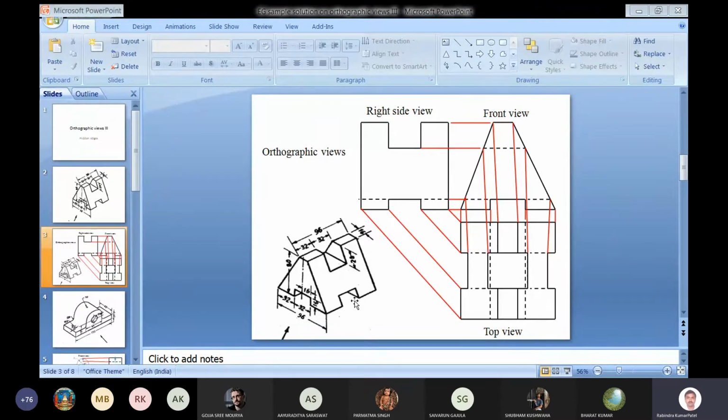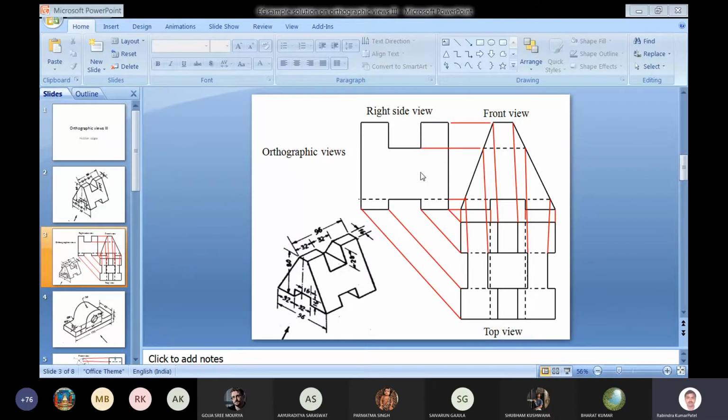We can see all the edges, and from the side the edge which is passing from this corner, from this front face to back face, we will not be able to see. So corresponding to that edge, we can draw a dashed line like here we have drawn. So this is regarding the right side view.